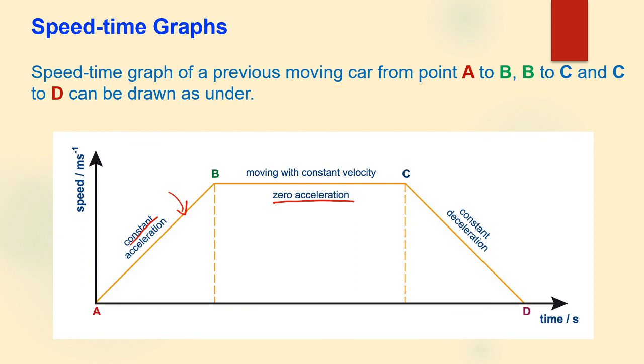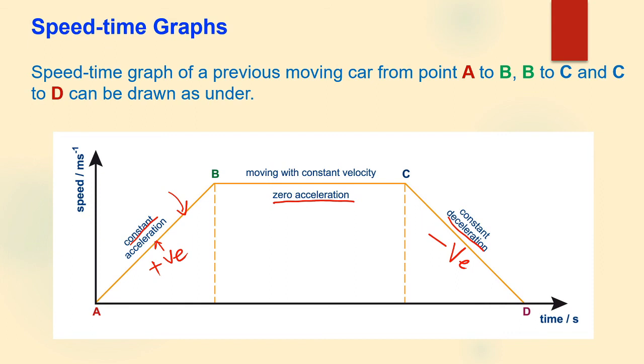And here the car is going to decelerate constantly and stop at D, so it has a constant deceleration. That region is a positive acceleration, and that region is a negative acceleration graph.